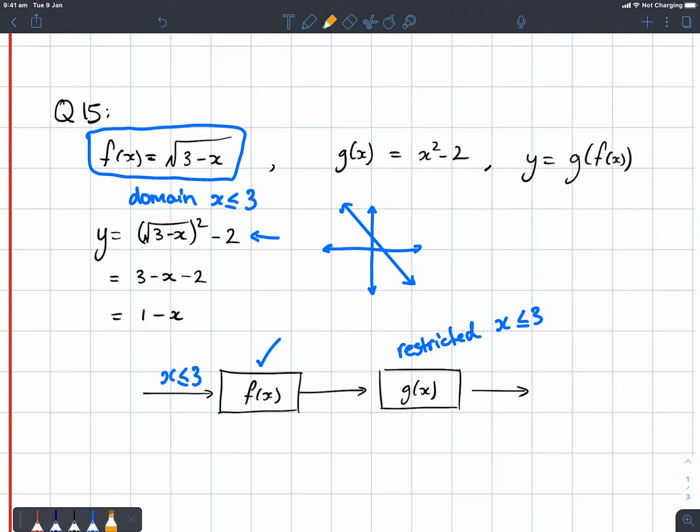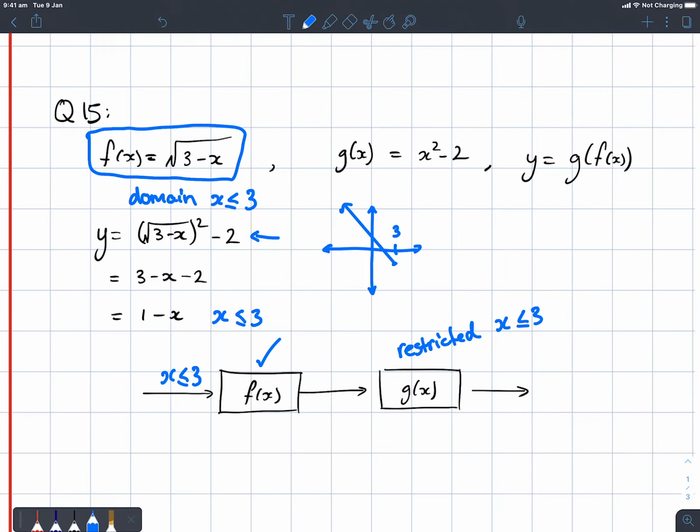So when it comes to graphing it, its graph is going to stop at 3, because any values greater than 3 will cause f of x not to work. And if f of x doesn't work, you can't then proceed on to g of x. So that's why in this function, the domain of y is also x less than or equal to 3.